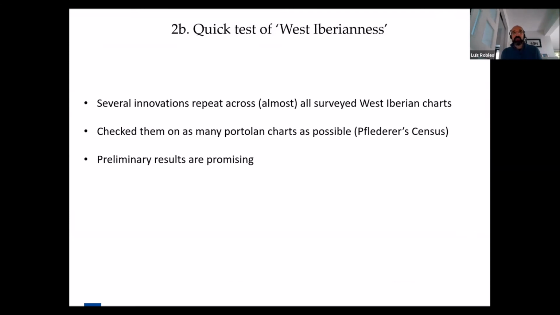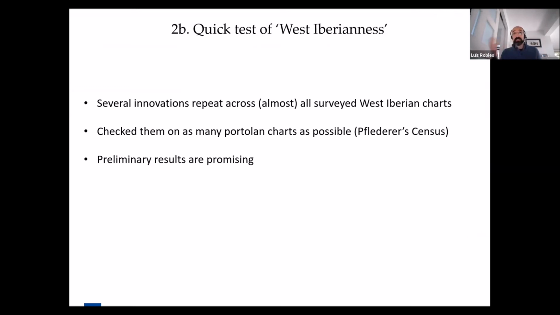I have tried to build, I would not call it a statistical analysis, but I have tried to identify indicators within the corpus of novelties or toponymic characteristics that appear in almost all West Iberian charts, so as to use them as a quick test to look at other maps.